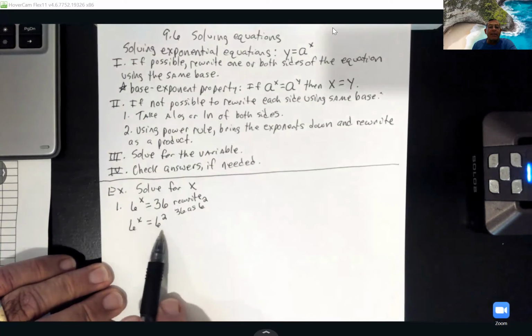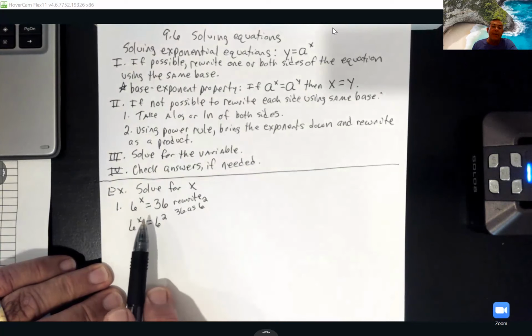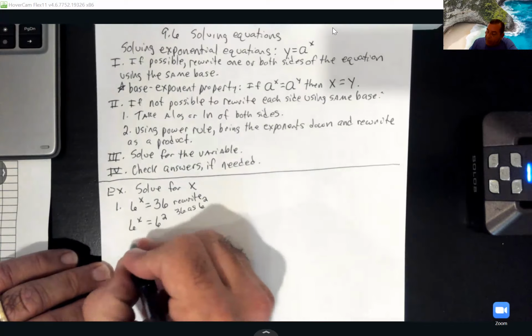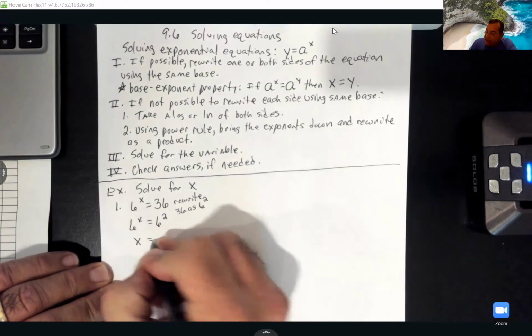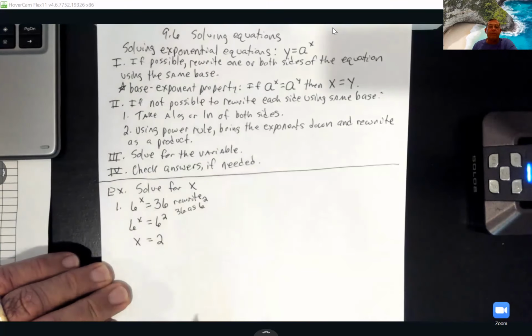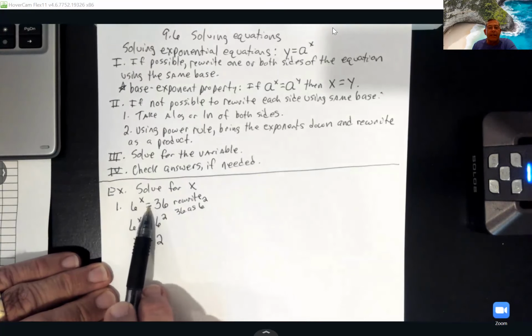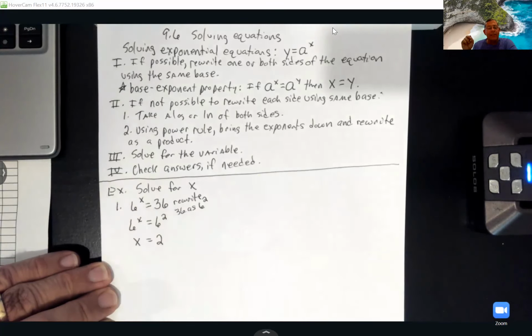And since these bases match, that means the exponents have to be equal, which means x has to equal 2. All right, y'all, to check that out, put my 2 in for the x. 6 squared is 36, and 36 equals 36. So that is definitely true.